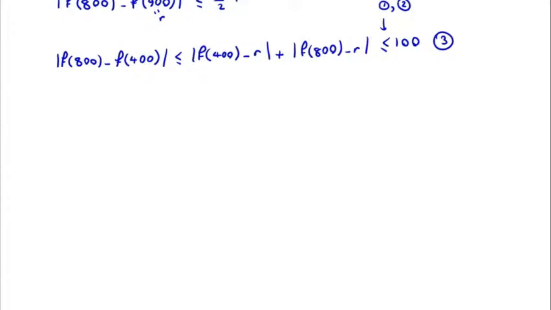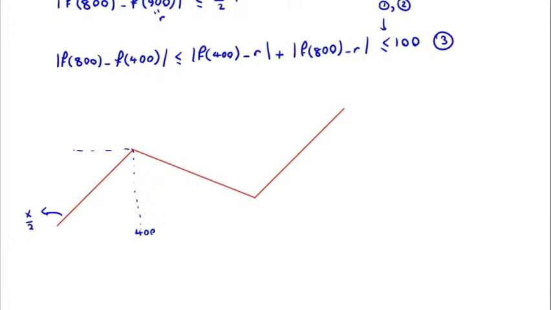So let's try to find an example that satisfies the conditions of the problem. Consider this function, for example, x over 2, up to 400. It will be 200 because it's x over 2. And for 300, it will be 150.